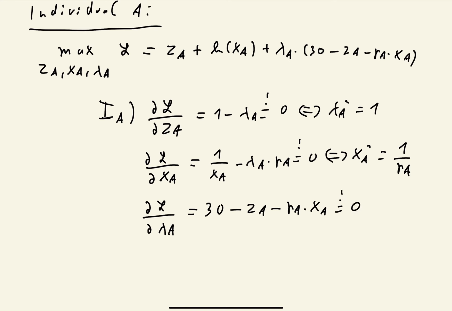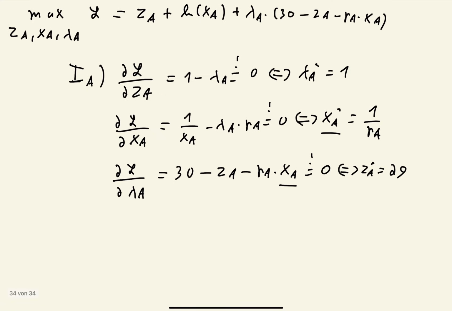Then if we substitute XA star here, we get ZA star is equal to 29. So in summary, XA star is equal to 1 divided by PA, and ZA star is equal to 29.